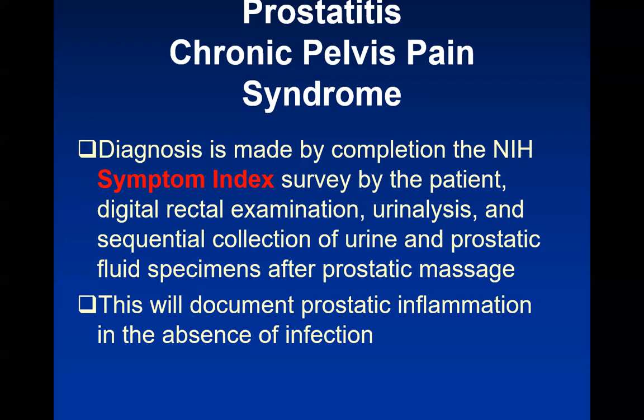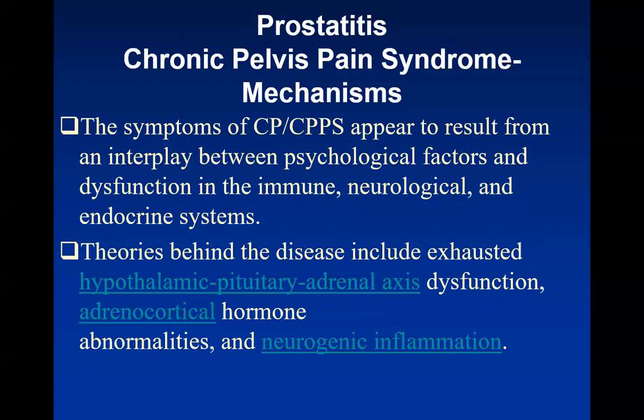All right, so what's going to happen as a result of compiling this survey, if you will, is that it documents the prostatic inflammation in the absence of infection and the list of symptoms your patient is coming in with. So what is the underlying etiology of this process? The underlying etiology is an interplay between psychological factors, as a result of the fact that this is a chronic process, and dysfunction of the immune, neurological, and hormonal systems.